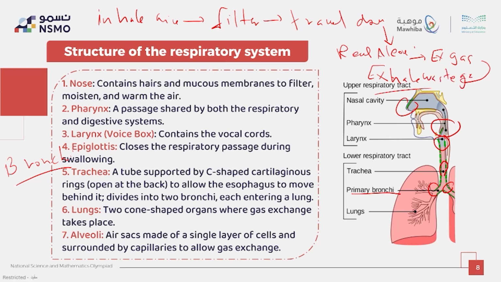That's the right way of respiration. Okay?